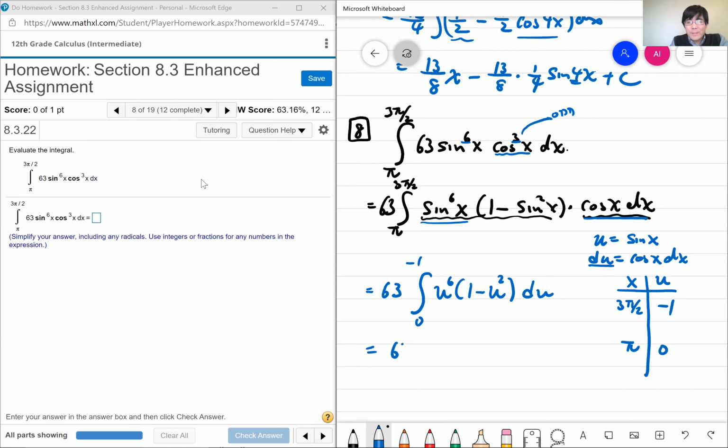Okay, now integrated, it's going to be 1/7 u to the 7th minus 1/9 u to the 9th, and you plug in -1 and 0. Plug in -1, you're going to get -1/7 plus 1/9, and plug in 0 gives you 0.